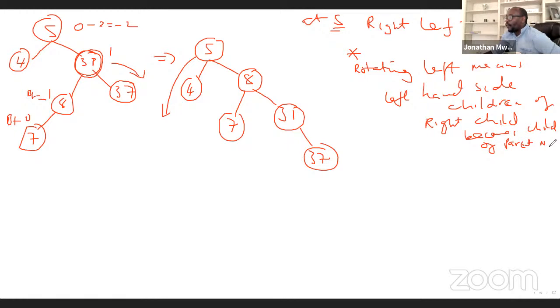I know that's a mouthful. So rotating left means left hand side children of right child becomes children of parents.